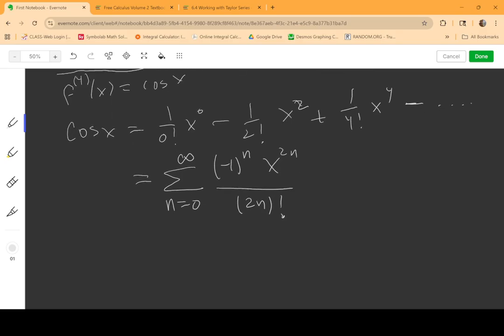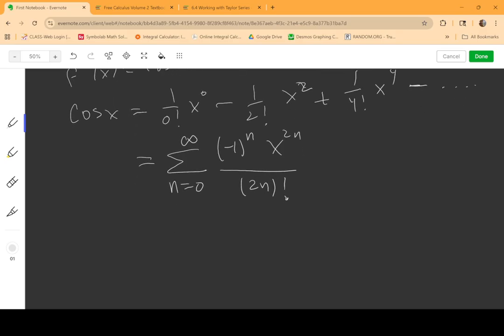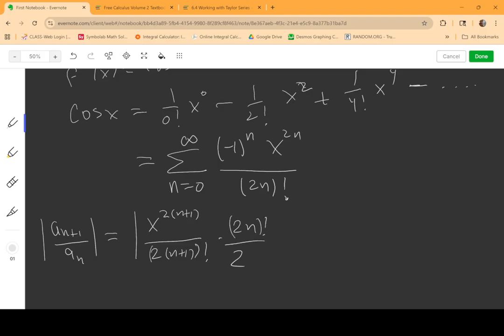Now, in terms of the radius or the interval of convergence, let's take a look at the ratio test. The ratio test gives me x to the 2n plus 2 over 2n plus 2, the whole thing factorial, times 2n factorial over x to the 2n.